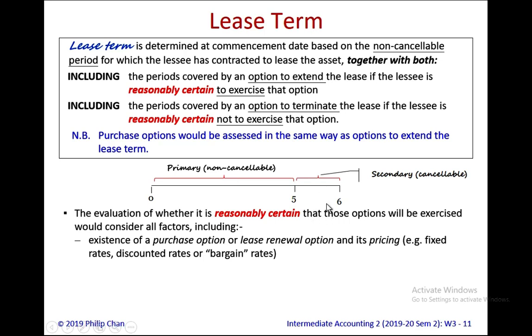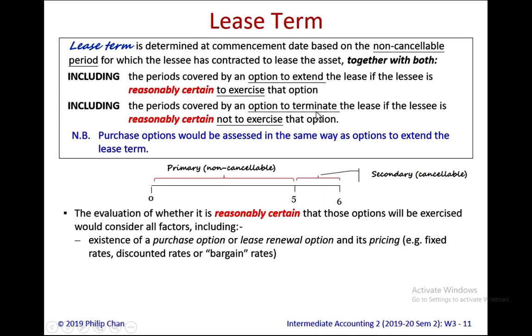So if this is very cheap, significantly lower than that, say for instance, if the price set to be paid as a rental in year 6 is $1, and the market rent based on year 0 estimation is going to be, let's say, $1,000. So $1 would be extremely cheap as compared to $1,000.